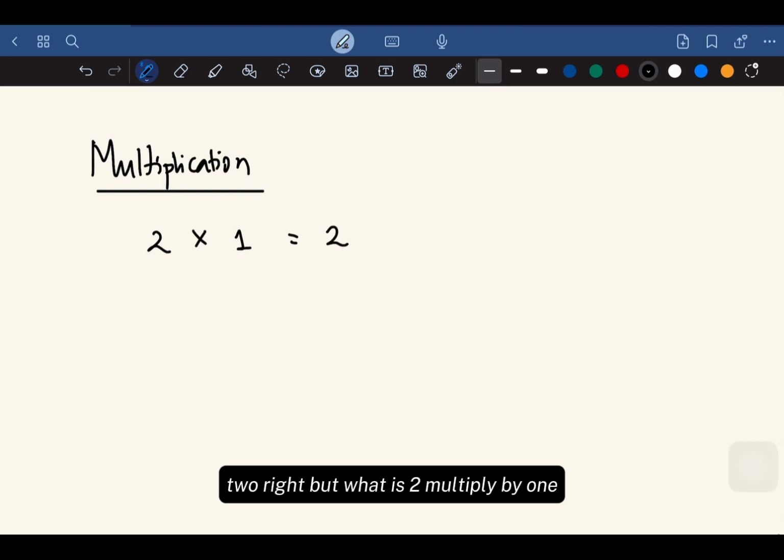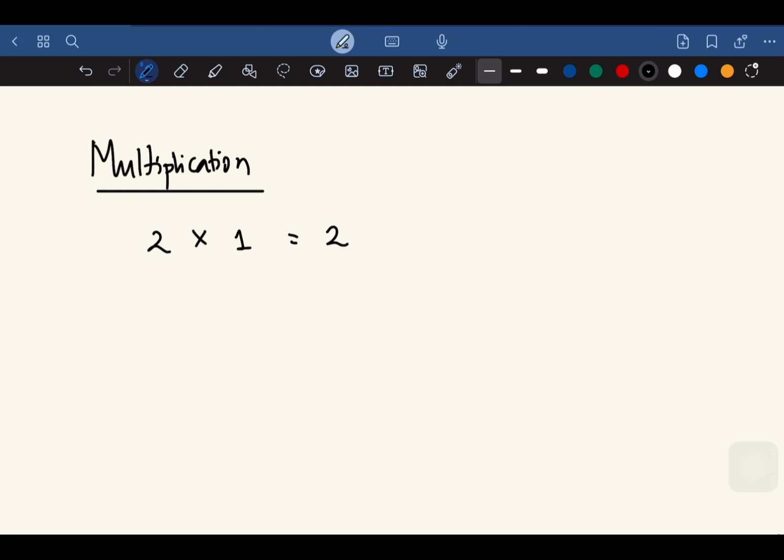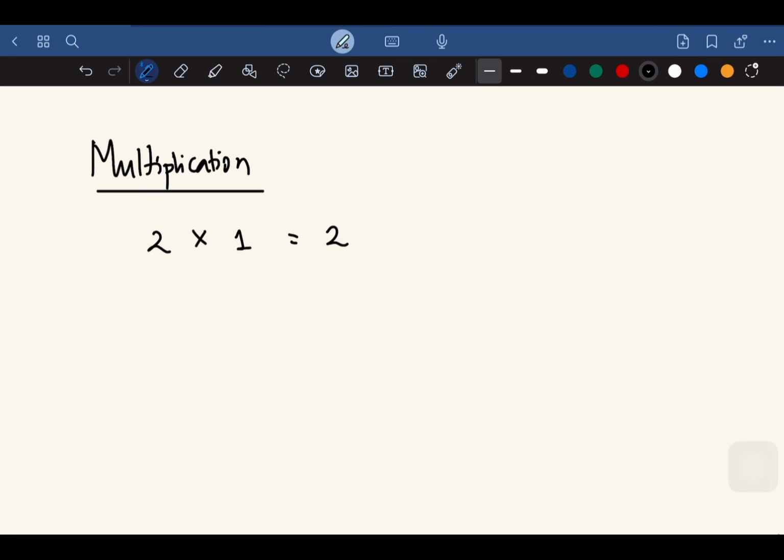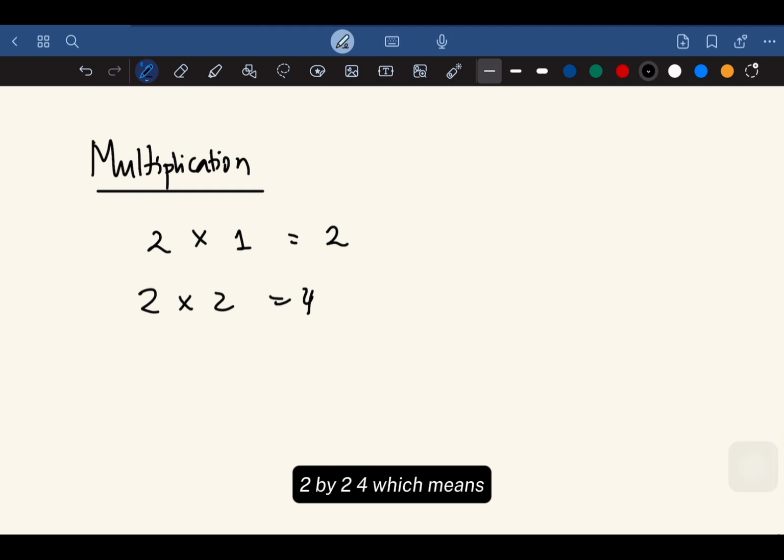But what is 2 multiplied by 1? It's repeated one time. How about 2 by 2 is 4, which means? 2 plus 2. Yes, that's the idea. So multiplication is actually an addition, right?